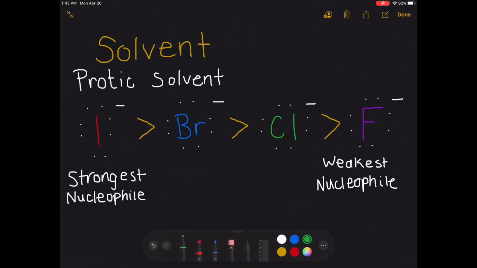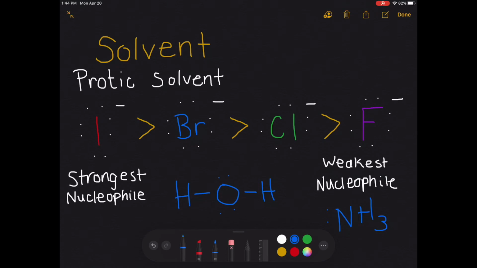Let me draw out water. So you obviously have the H, the O in the middle, another H, and then we have other things like alcohols, acetic acid, and ammonia. And ammonia is simply just nitrogen next to three hydrogens.